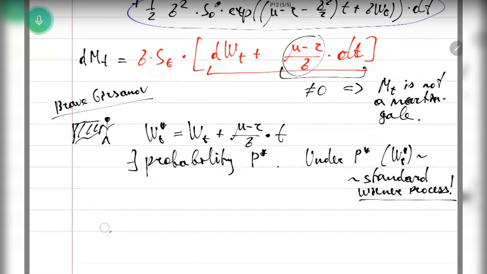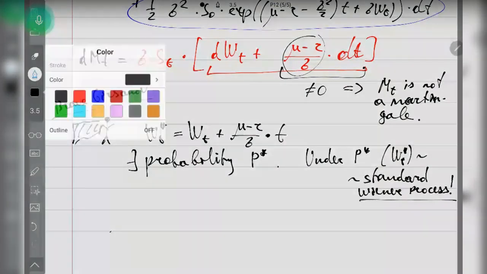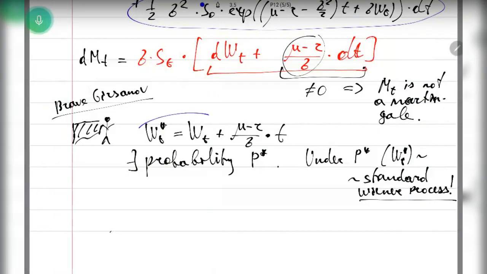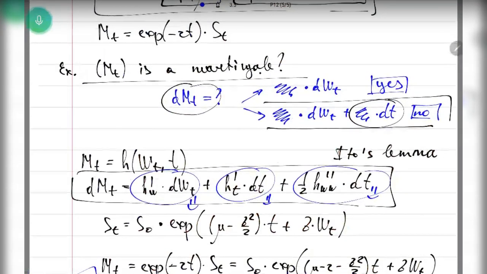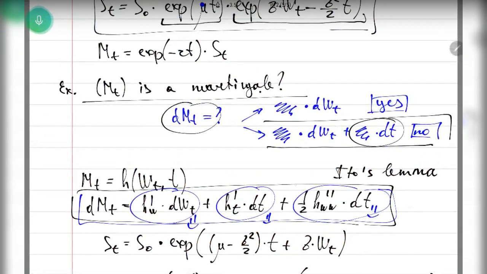We apply Ito's lemma once more to this expression. We calculate dWt star. Once again, I use Ito's lemma.